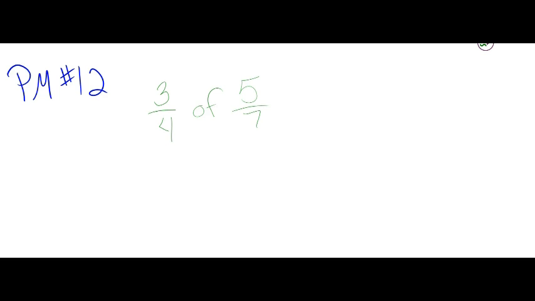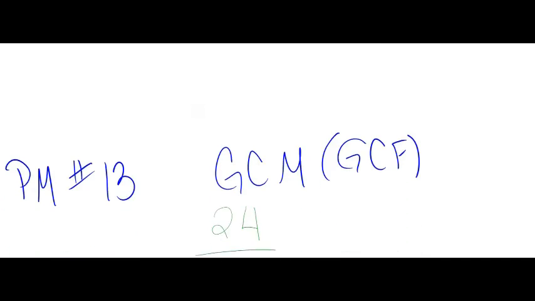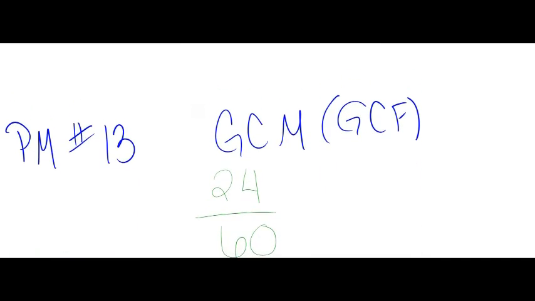Really, this word "of" in fractions means you're just going to multiply your fractions across. We multiply our numerators and multiply our denominators, giving us 15/28. Sorry for the spacing.